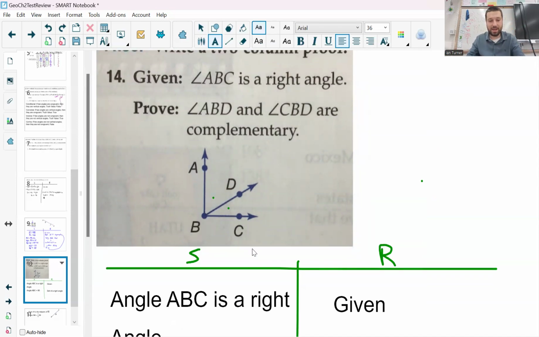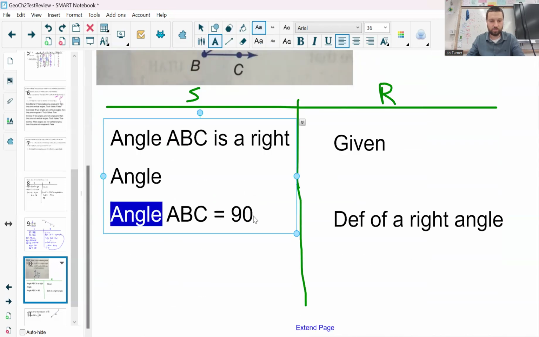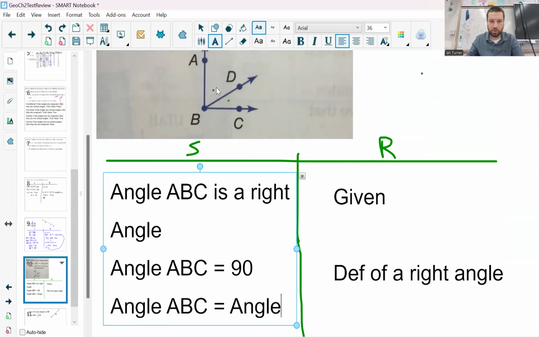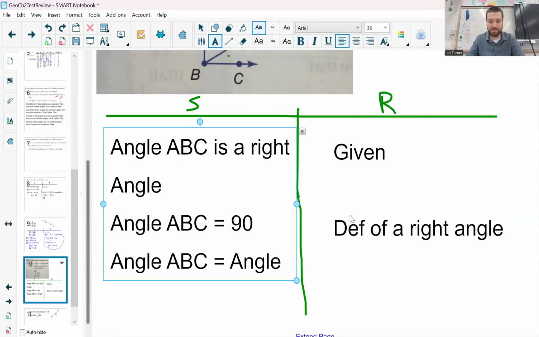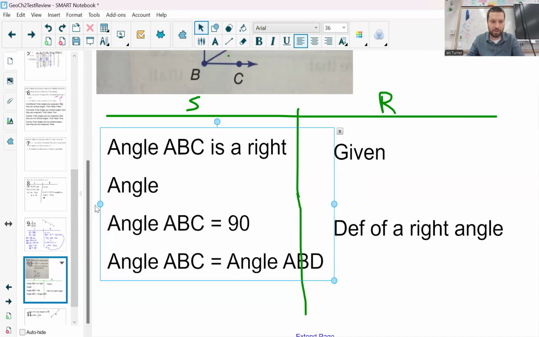So we're going to say angle ABC is equal to angle ABD, the first one. Sorry, we went over a little bit. How can I move this? Maybe I do that.